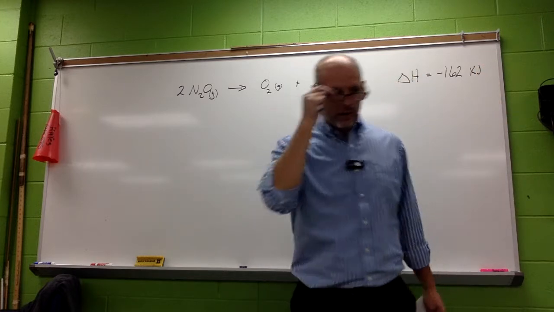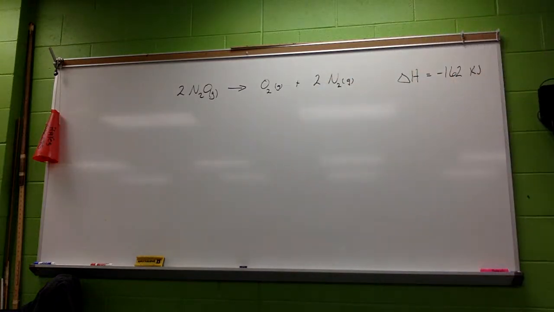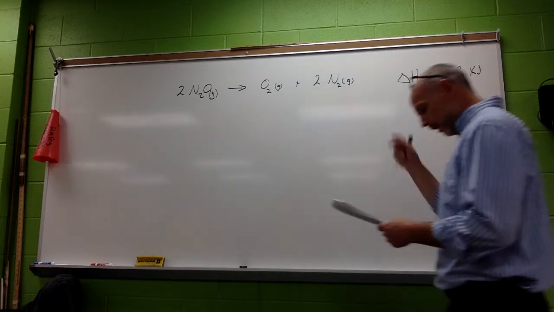There's one thing you do have to be careful of. Whenever you're given enthalpies, it's presumed that they're kilojoules per mole. They don't always write the per mole part. So if it's a delta H, it's kilojoules per mole.